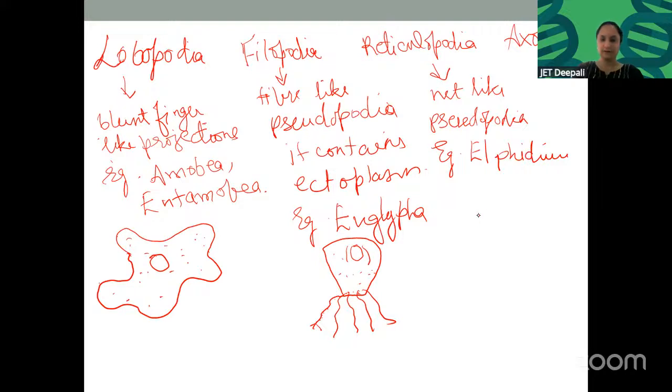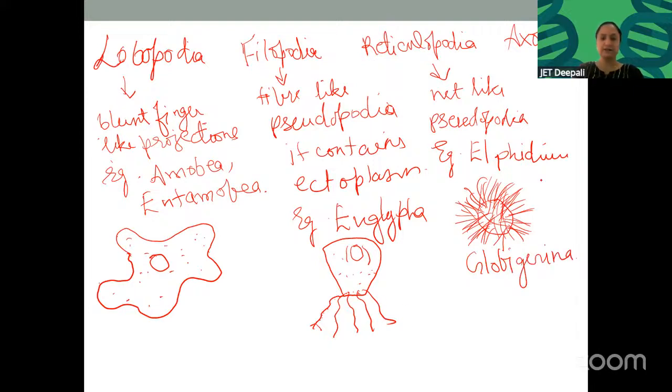Simple, a circle-like structure with so many branches you have to take out. Merge them, merge them, and make a mesh-like, net-like structure. This is how you have to draw reticulopodia. One more example, Globigerina. And here Euglypha, here Entamoeba.